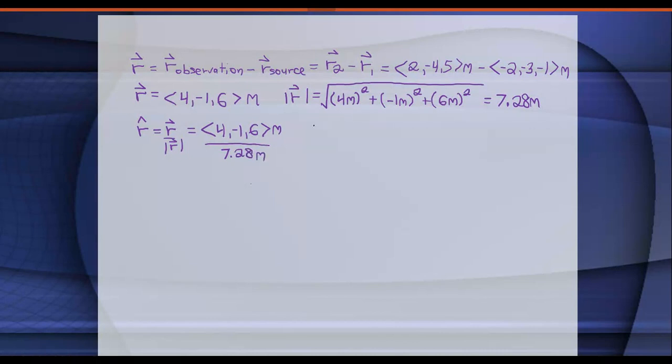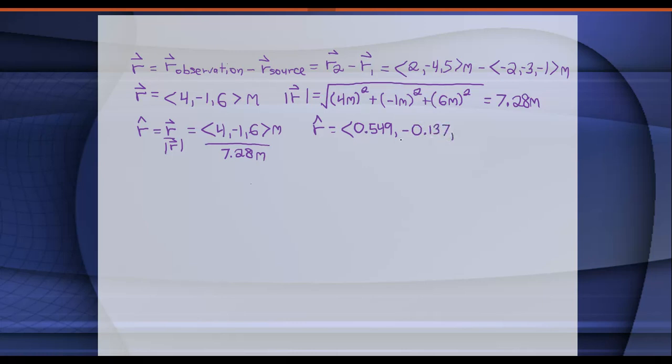You're taking a vector and dividing by a scalar, so all we have to do is take each coordinate and divide by 7.28. 4 divided by 7.28, where the units cancel off, is 0.549. -1 divided by 7.28 is -0.137.